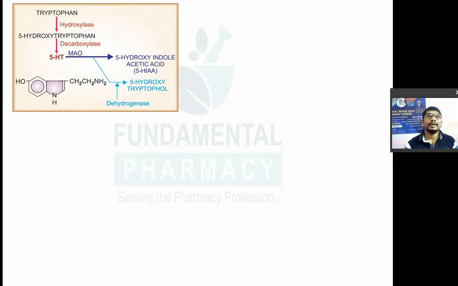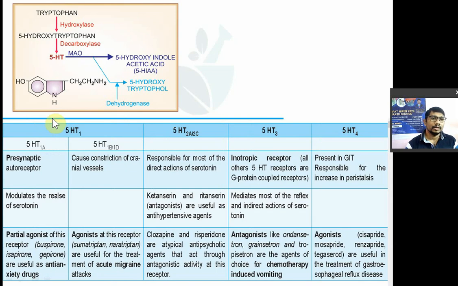Now what are the different kinds of receptors of 5-hydroxytryptamine? इनके रिसेप्टर कितने होते हैं? There are 7 to 8 5-hydroxytryptamine or serotonin receptors. So out of that, few are listed over here. So 5-HT1, 5-HT2, 5-HT3, 5-HT4. So these are the receptors. So normally इनके रिसेप्टर बहुत ज़्यादा होते हैं 5-HT1 to 5-HT8.